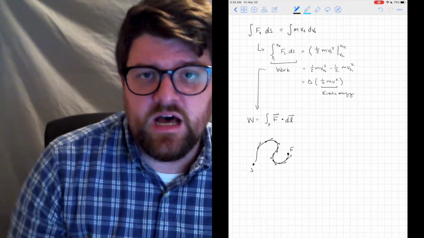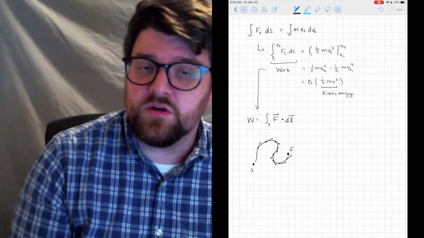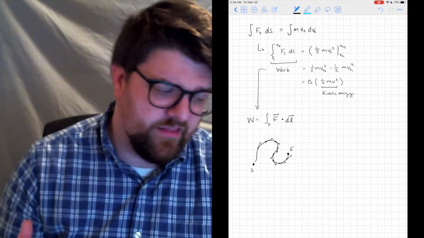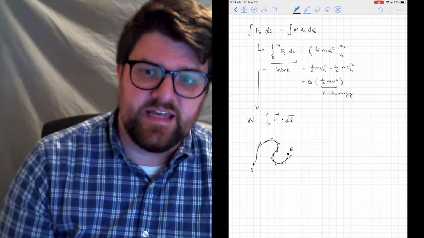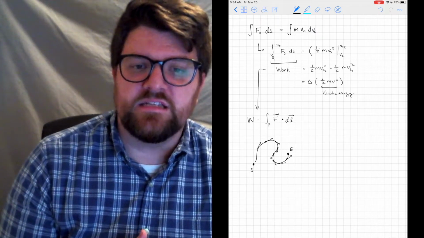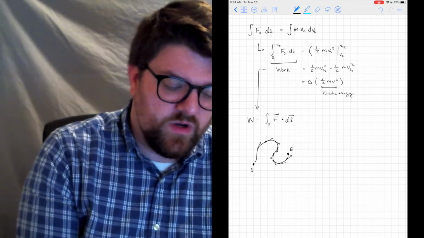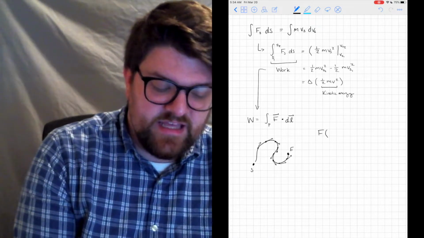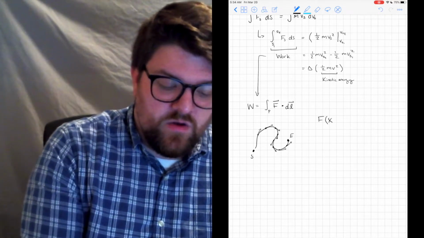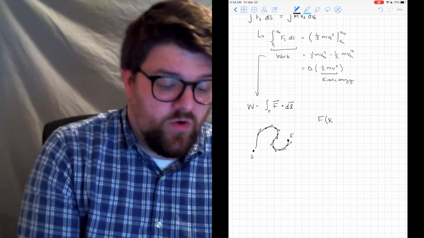More often than not, we're going to say the force that we're considering is constant along our path. And we're also going to say that the force is not spatially dependent. What I'm going to say here is that F is not a function of L or dl or x or y or anything like that.